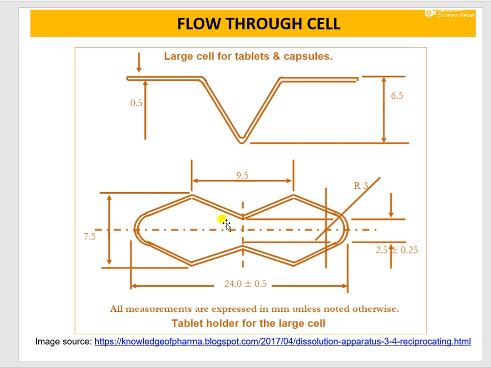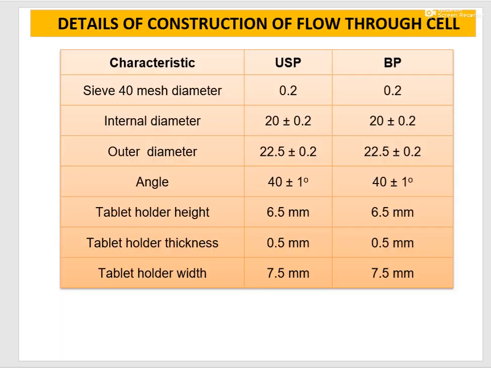This is the side view and top view of tablet holder for large cell. So one by one we will see. CU 40 mesh diameter as per USP 0.2, and BP also the same 0.2. This slide depicts the comparison of flow through cell given by USP and BP.